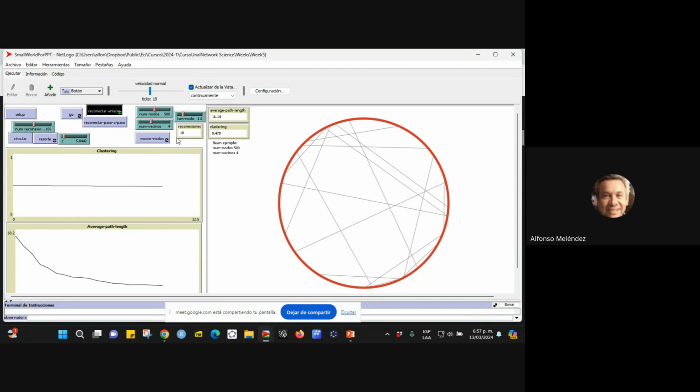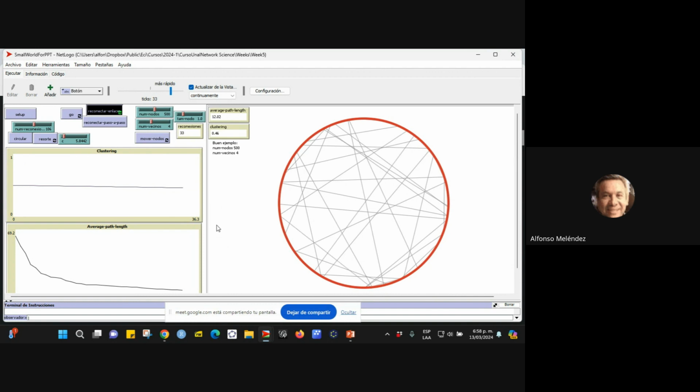Here is the number of reconnections, 19, 20, 15. I'm going to accelerate a little bit. Okay, that's the idea. Look, guys, a very simple idea.